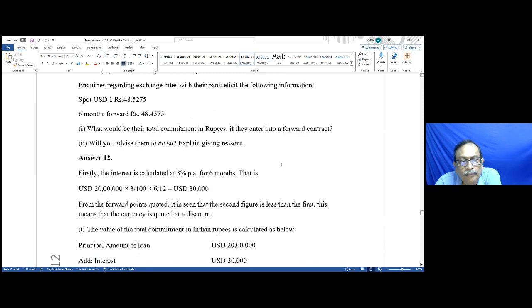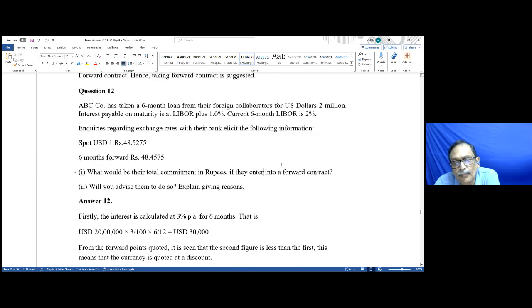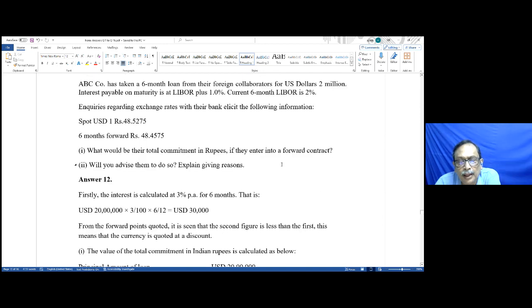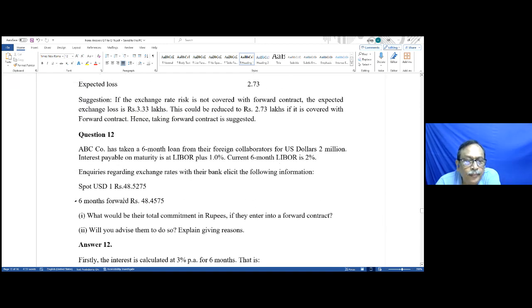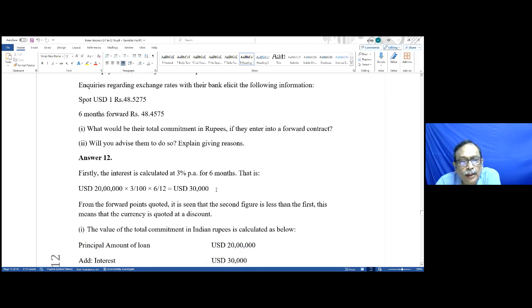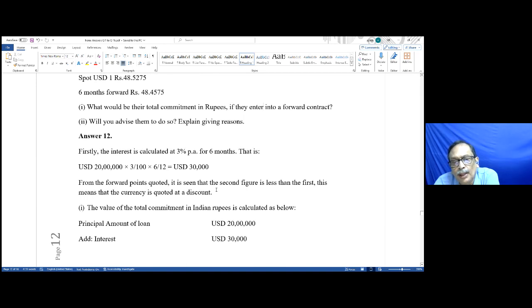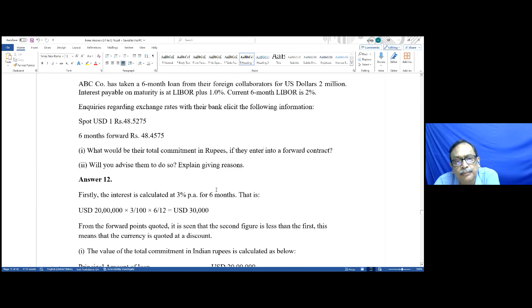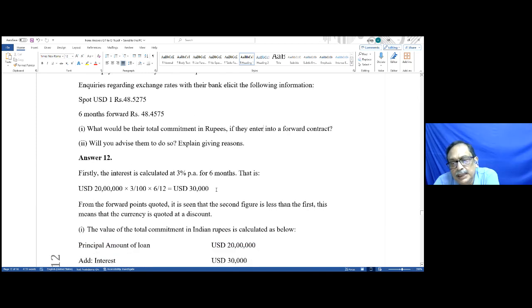Now, from the forward points quoted, it is seen that the second figure, you just have a look, spot USD rupees 48.5275 and 6 months forward is rupees 48.4575. So the second figure, 48.4575, is less than the first. This means that the currency is quoted at a discount.